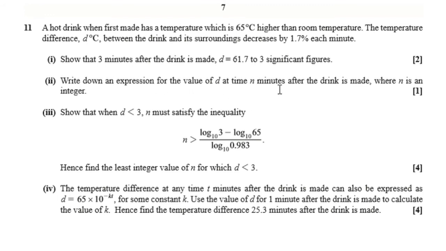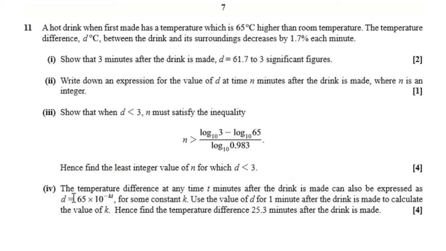Write down expression for D at time n, n minutes after the drink is made, where n is an integer, and show that D is smaller than 3 and have to satisfy this equation. And so find the least integer value of n where D is smaller than 3.